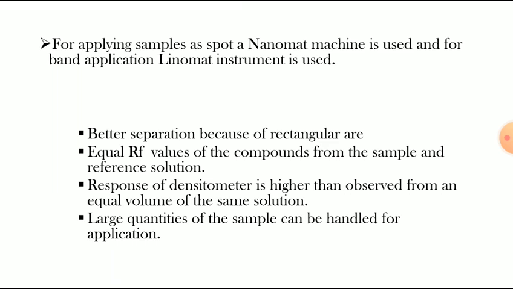For applying samples as a spot, a Nanomat machine is used, and for band application, the Linomat instrument is used. You have to always keep in mind: when we give the spot, that means circular, for that purpose we have to use the Nanomat machine, and for band application we can use the Linomat machine, or you can say instrument.